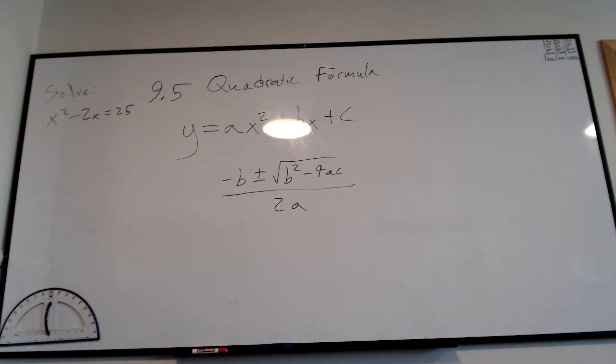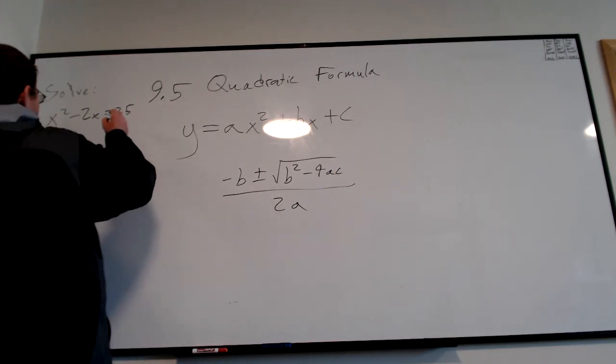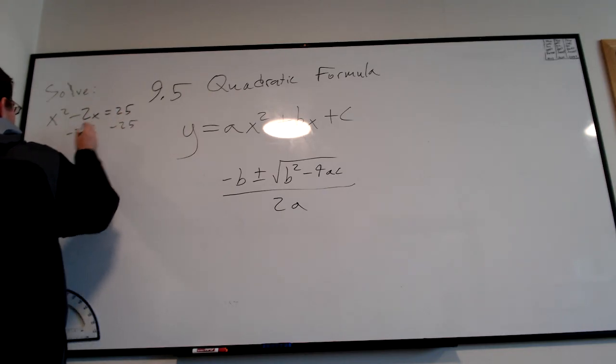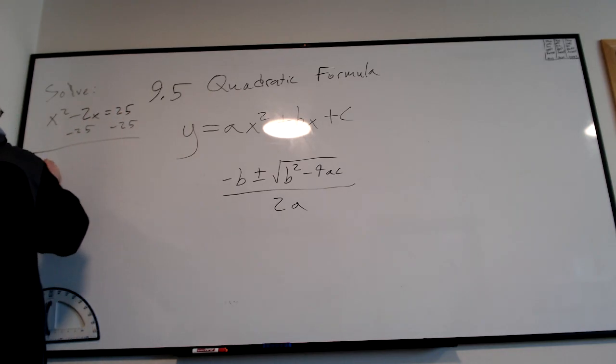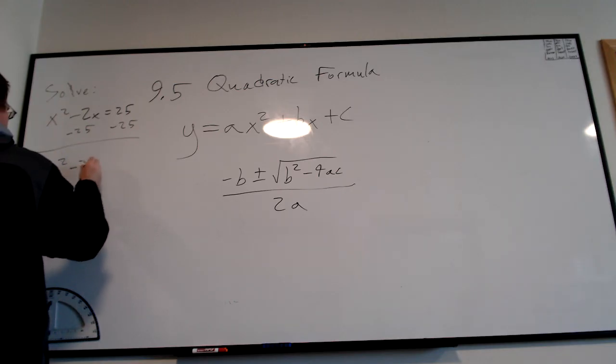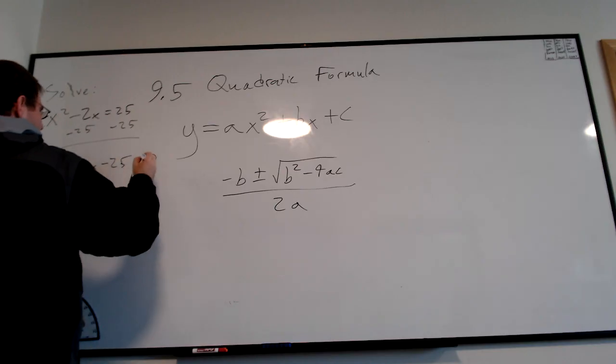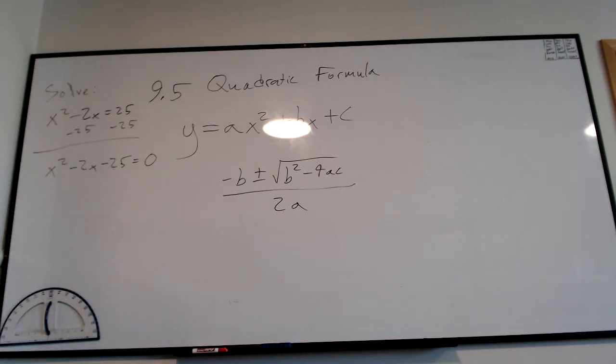Would your C then be negative 25, because if you subtract 25 on both sides? Yes. So you subtract 25 from both sides, and you have x squared minus 2x minus 25 equals 0. That's the magic number for quadratics. We want to set it equal to 0 for the quadratic formula.